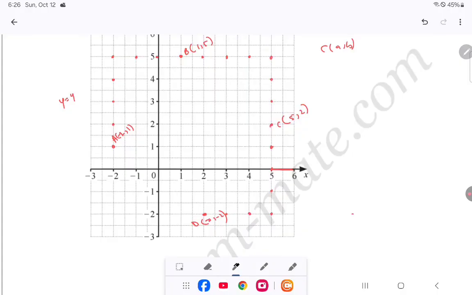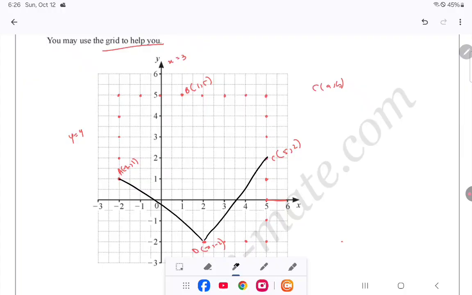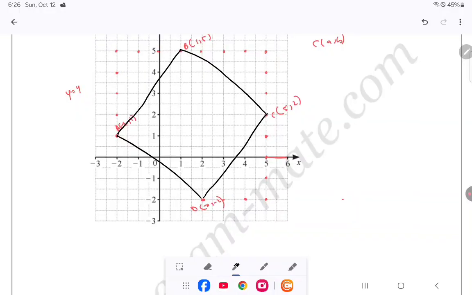We can see that a square, or we can say a rhombus, is created if we go from here to here, and from here to here, crossing the diagonals of the boxes, and this is our rhombus as given.